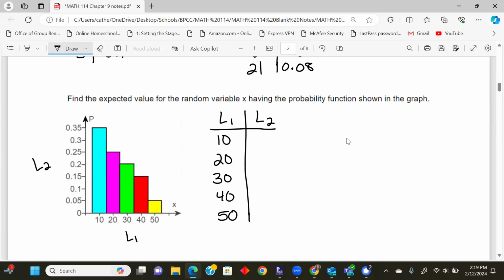All right, so 10 goes up to 0.35. 20 goes up to 0.25. 30 goes up to 0.2. 40 goes to 0.15. And then 50 is down here at 0.05.